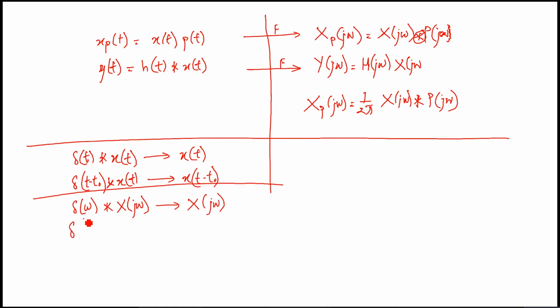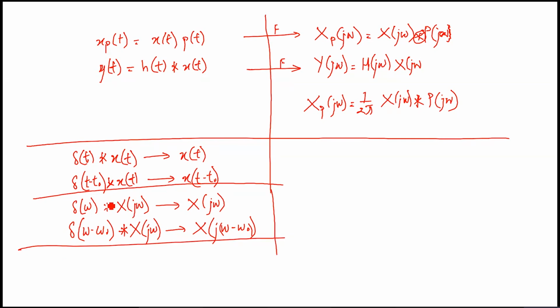And similarly, a shifted impulse convolved with X(jω) will give you the same X(jω) but shifted by ω0. So these are a few things that are going to be helpful once we see what happens here.